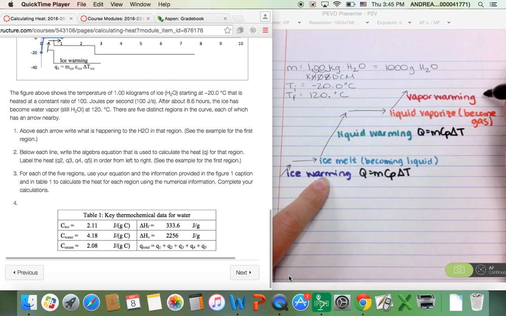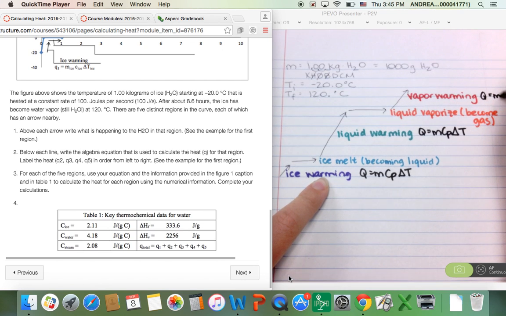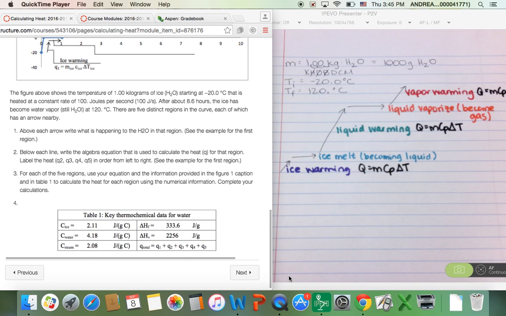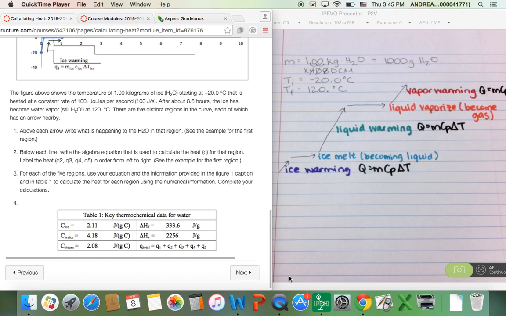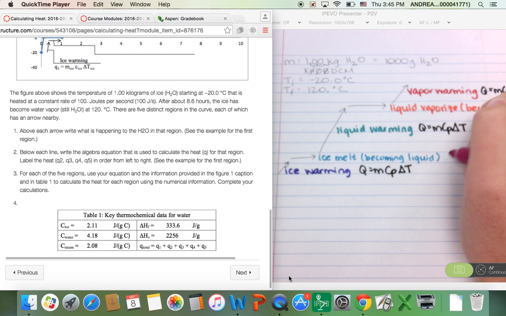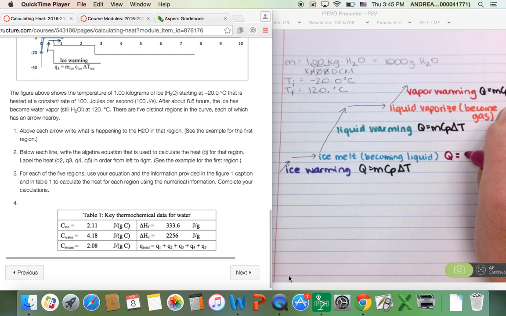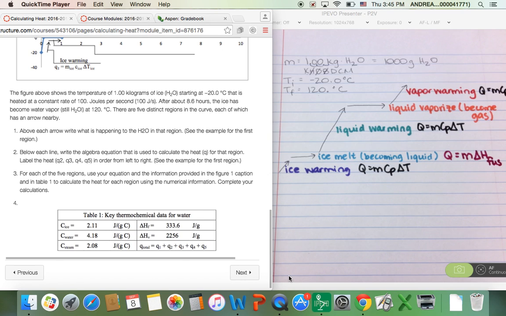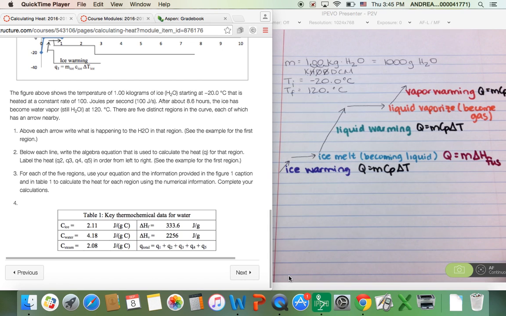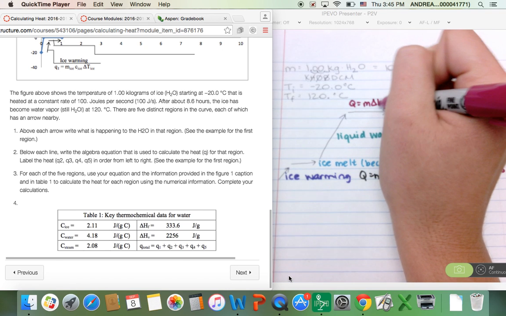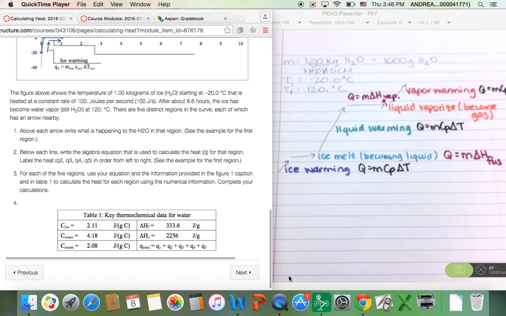Those specific heats will change, but the formula stays the same. At the flat regions, the ice melting and the liquid vaporizing, we use specific formulas. When the ice melts, Q equals the mass times delta H of fusion. And when the liquid vaporizes or becomes a gas, Q equals M times delta H of vaporization.